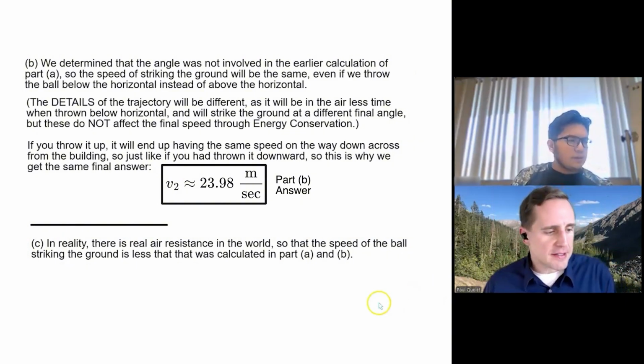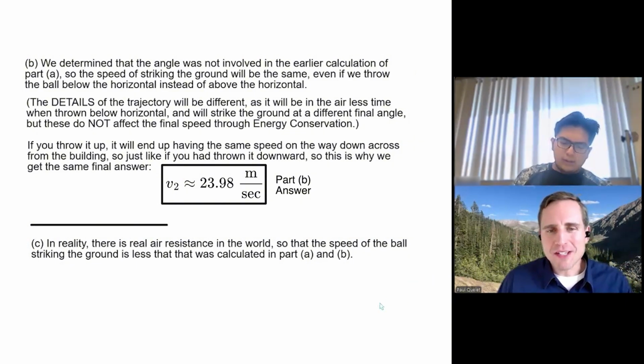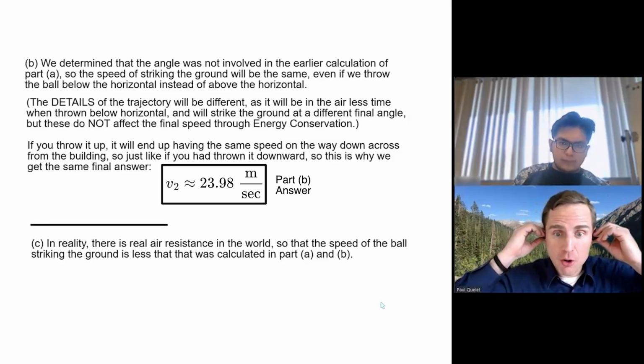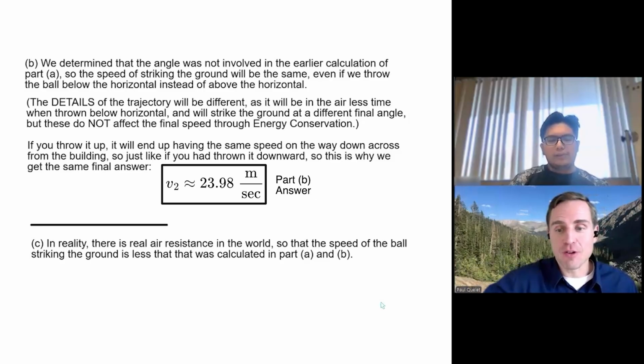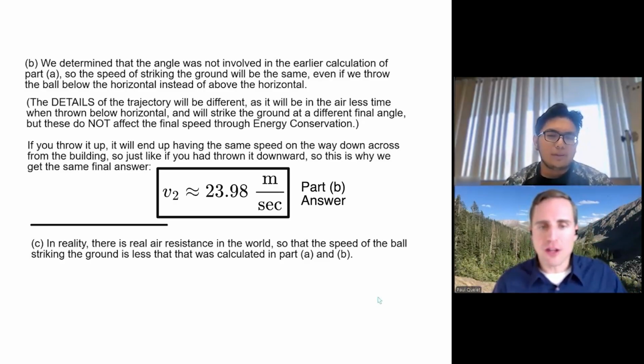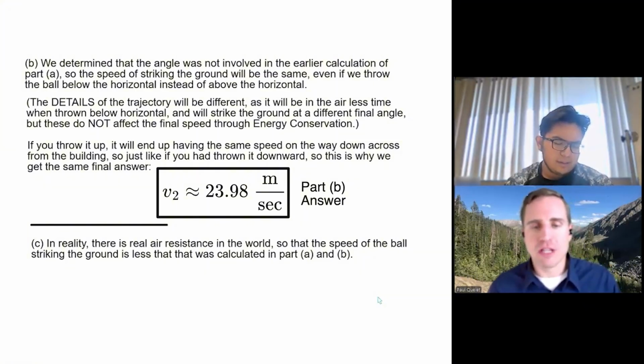But then the other thing is this. They actually really want us to compare parts A and B. In other words, will part A and B still be the same number, or will it be different, if air resistance is included? It is going to be different. Now, what's really different about the trajectory of A compared to the trajectory of B?